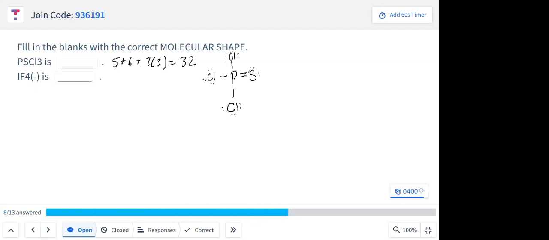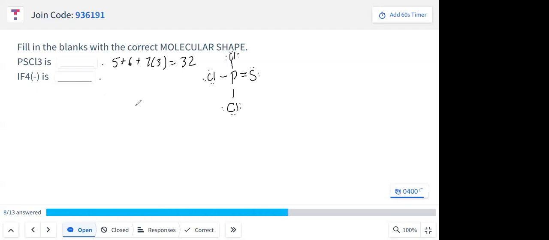It's better, but if you had it the other way, yes, it's technically wrong, but I wouldn't take off nearly as much as if you just had given me a structure that made no sense. You know, we always want to be on the lookout for formal charge and trying to minimize it whenever possible.